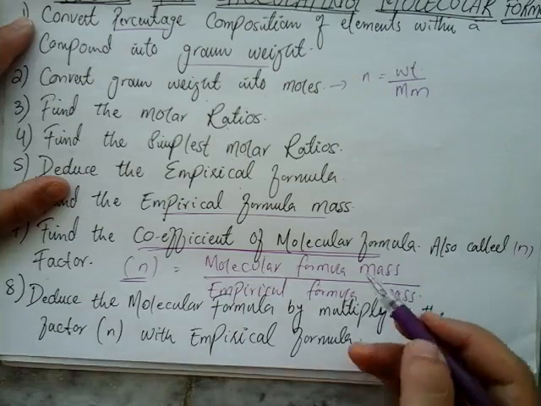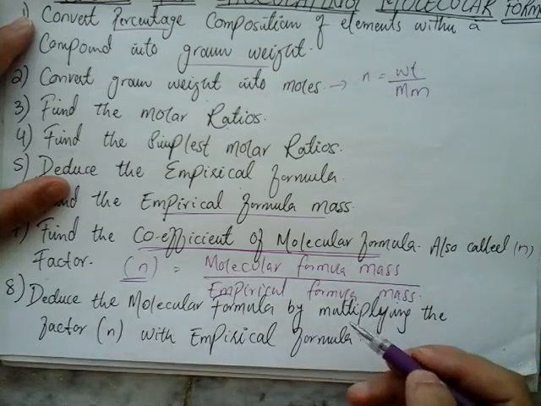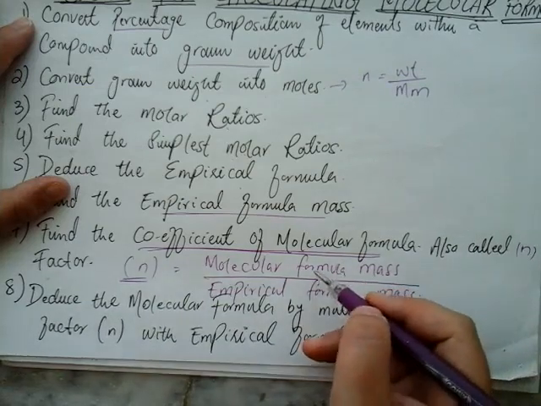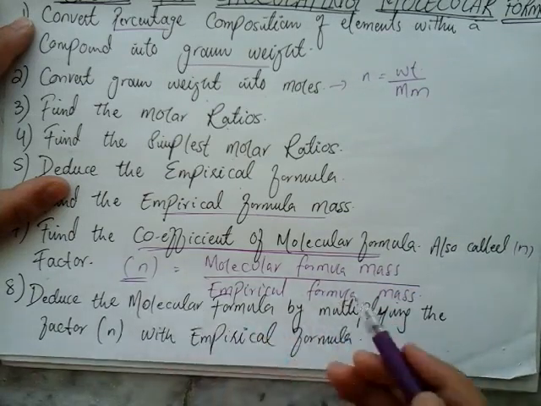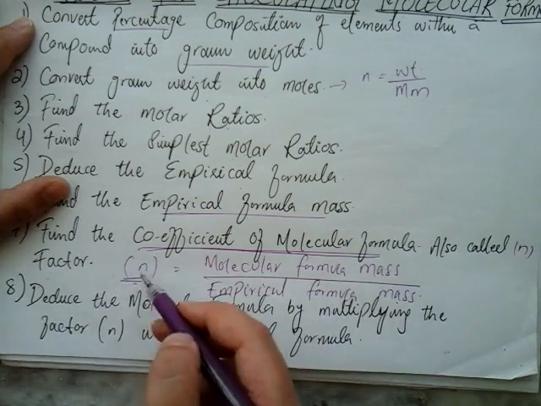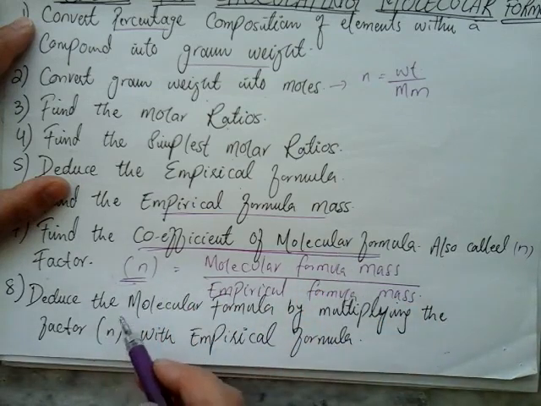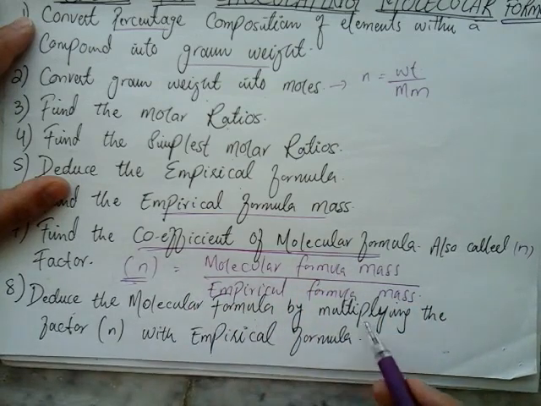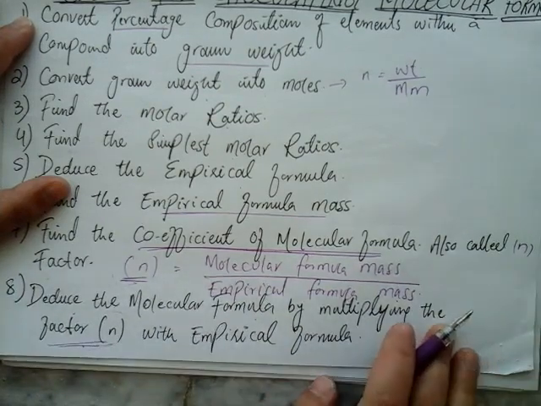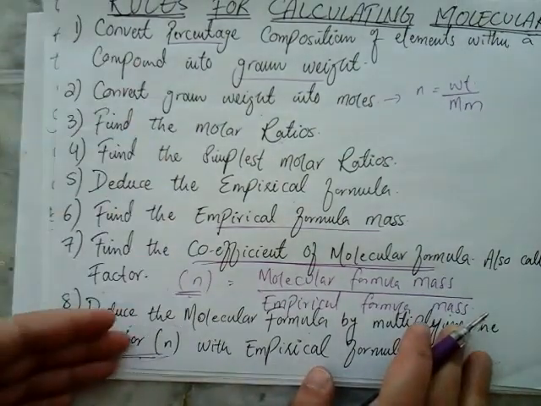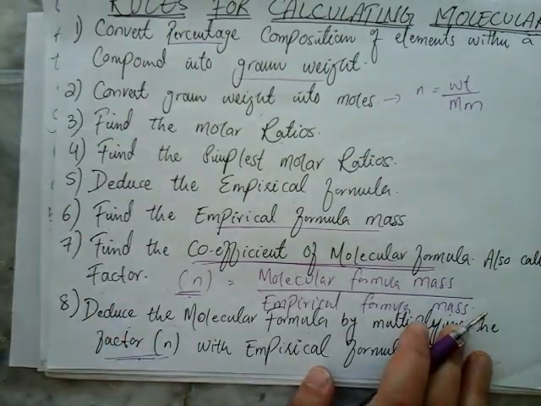If the molecular formula mass is given in the question, you just divide it by the empirical formula mass, and you will find the factor or coefficient. After that, you deduce the molecular formula by multiplying the empirical formula by the n factor. Okay, so these are the 8 rules for calculating the molecular formula.